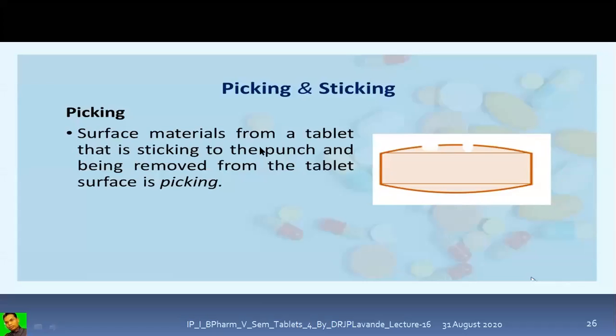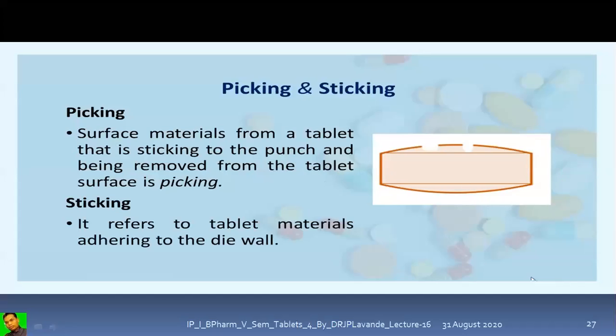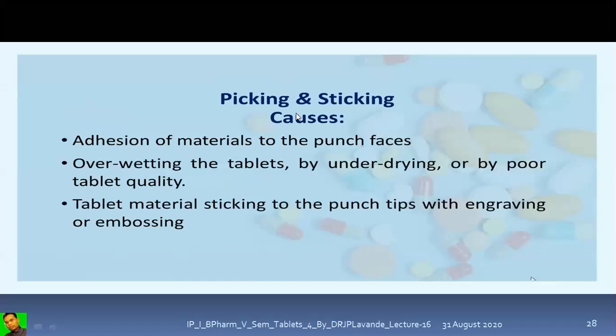Picking is when surface material from a tablet sticks to the punch and is removed from the tablet surface. Sticking refers to tablet material adhering to the die wall. So that is the basic difference. Picking is associated with the punches, sticking with the die wall. What are the causes for picking and sticking?